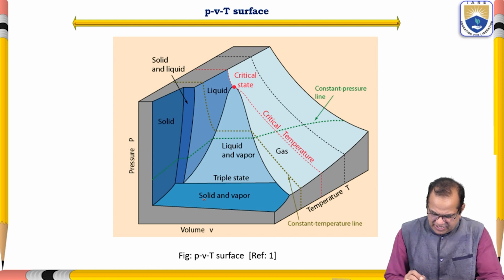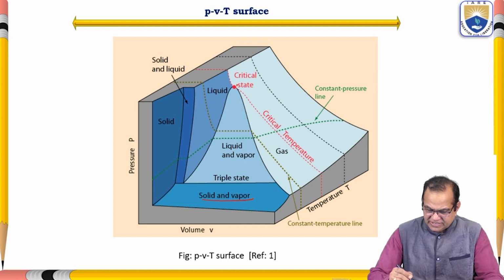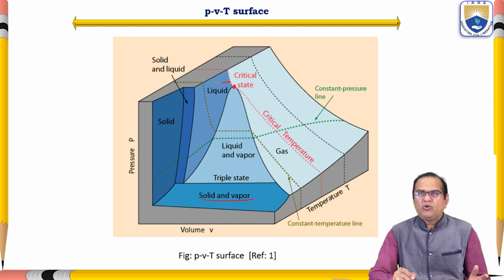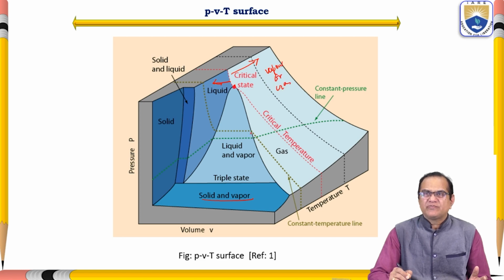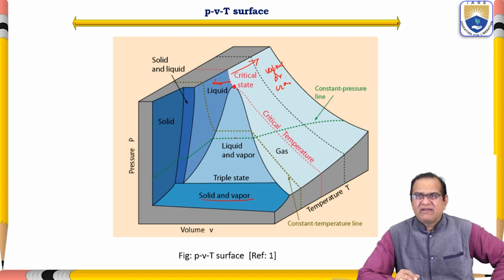Here, if you see, this is the solid and vapor zone. Here is the critical point, the critical state. From the critical state, if you move towards the left, it is a liquid, and if you move towards the right, it is a vapor or gas zone, and between these two lines it is a mixture of liquid and gas.